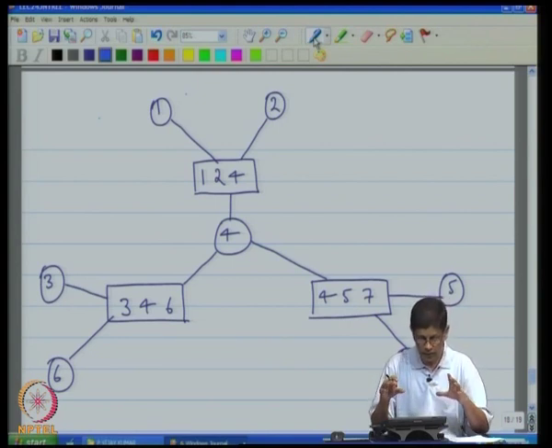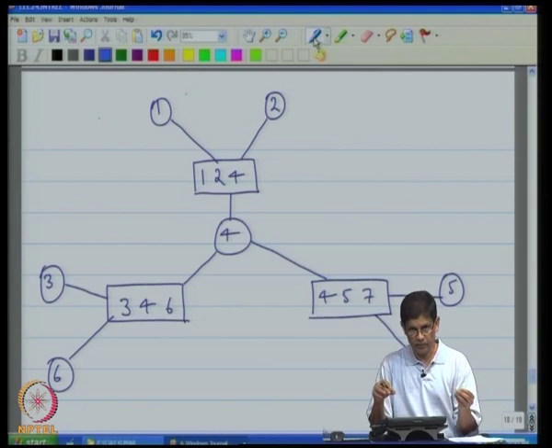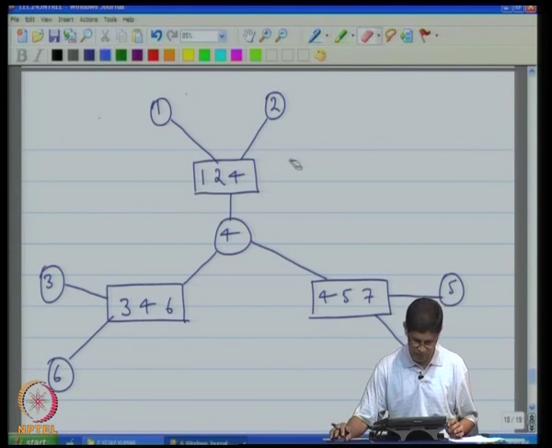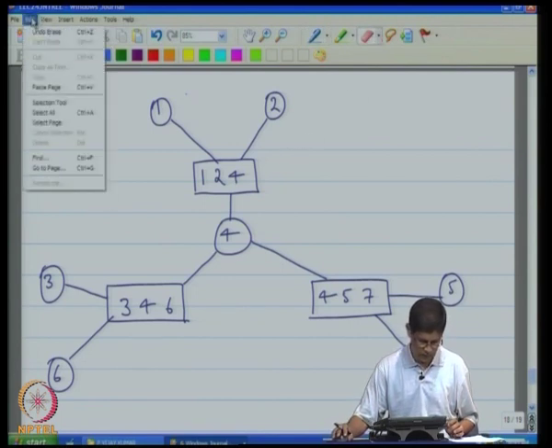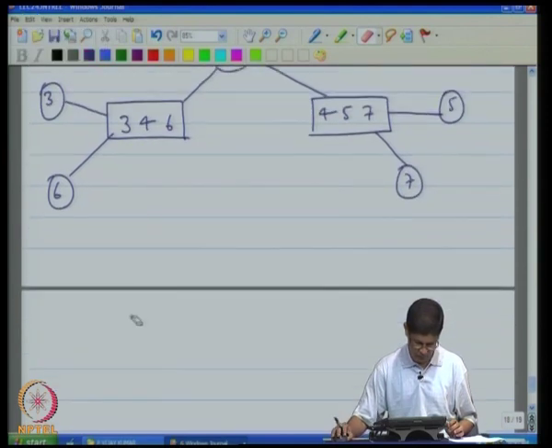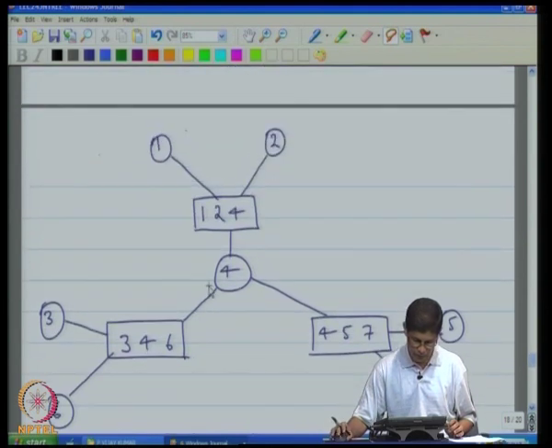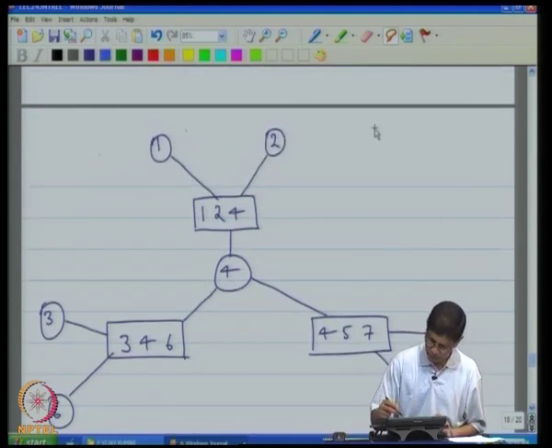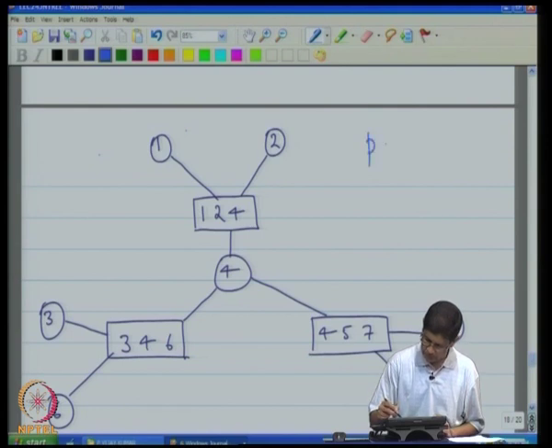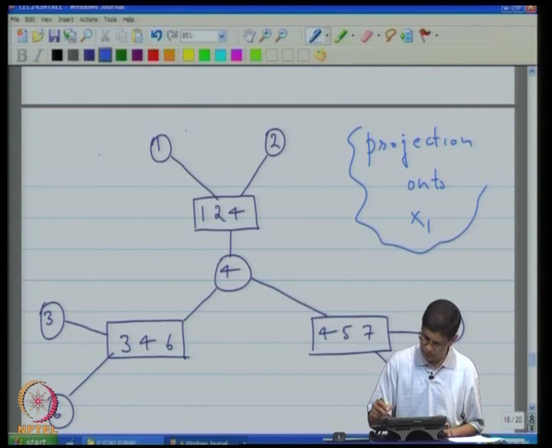Then you would retain all the nodes in which 1 appears and any edges between two nodes which are connected by an edge. Let us copy this page over a few times because we will use it a couple of times. All right. So, the projection onto variable x1, that is what we are interested in.